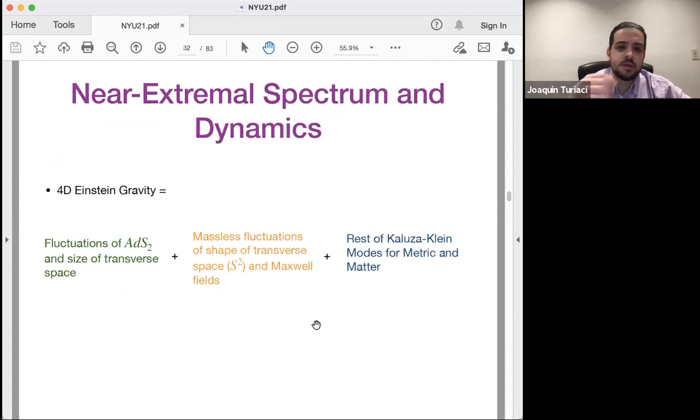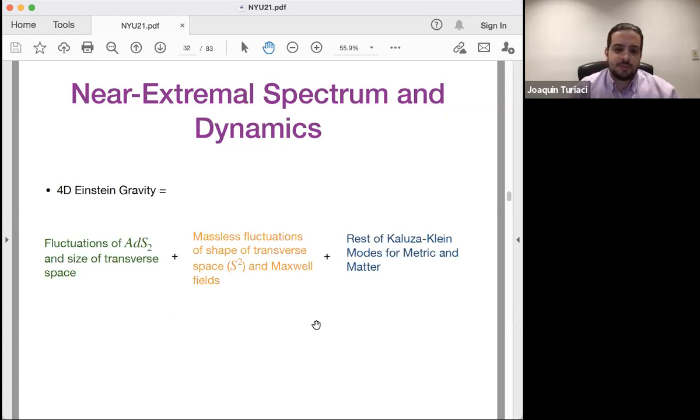Okay, so the idea will be to take this four-dimensional theory of Einstein gravity, where fluctuations can depend on time, radius, and the two angles, and to reduce it to an effective two-dimensional theory where things vary along time and radius. Formally, we can do this exactly by expanding fields in spherical harmonics, for example.